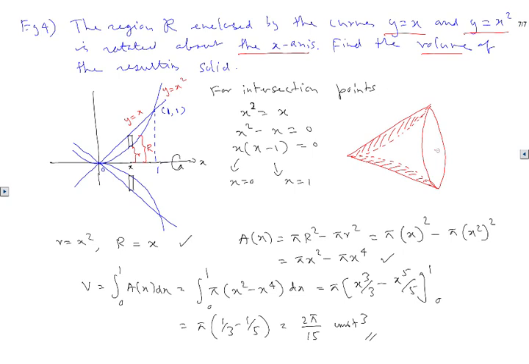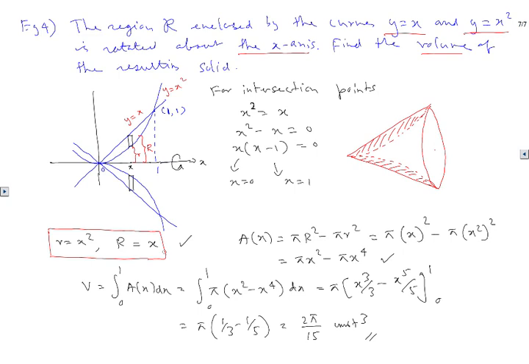So you can see that in the washer method, the big thing is you need to figure out how to find the two radii, and once you understand how to find the two radii, it's not that difficult. You just plug in and simplify, so it's not that bad. Okay, that's the whole problem. So please expect something like this in the exam on Wednesday.